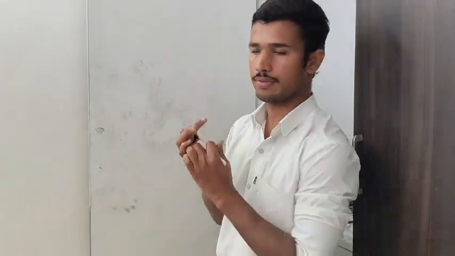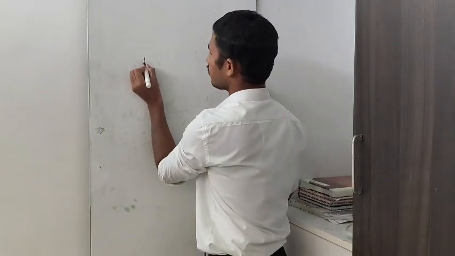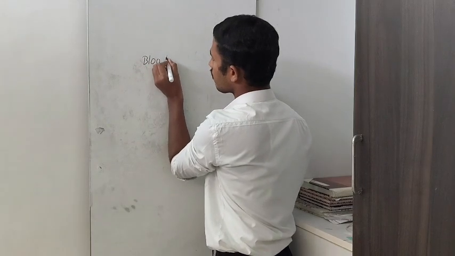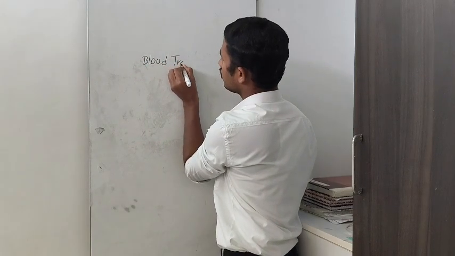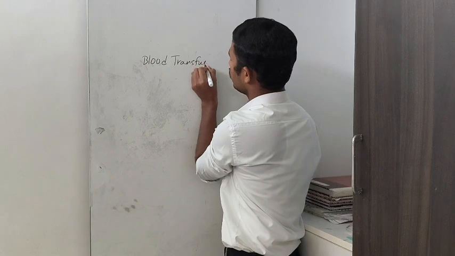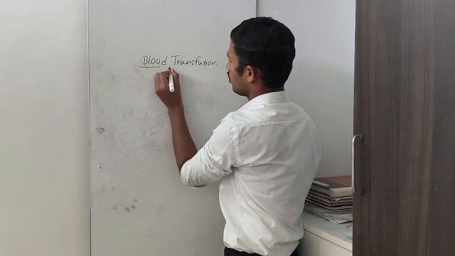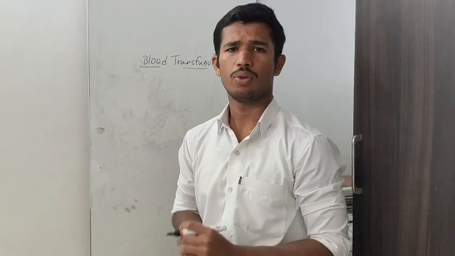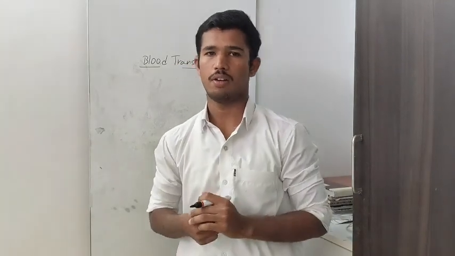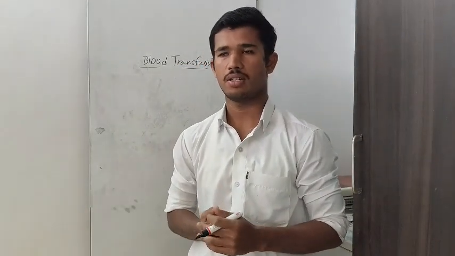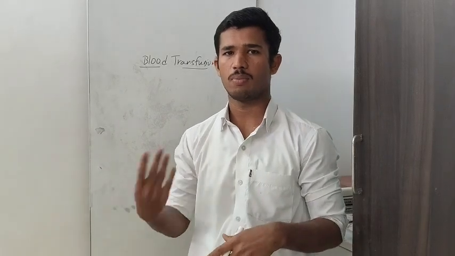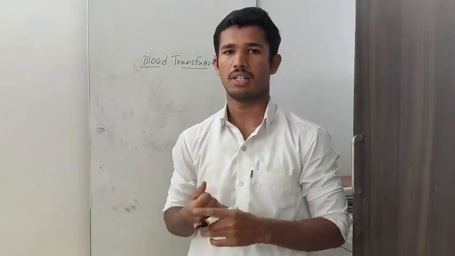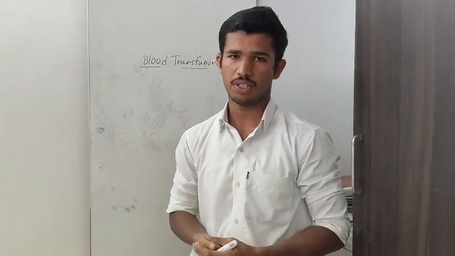Today I am going to explain the topic of blood transfusion. Already we know why we transfuse blood to increase the blood value when it is necessary: in RTA cases, more blood loss during surgery, dengue patients, iron deficiency anemia.